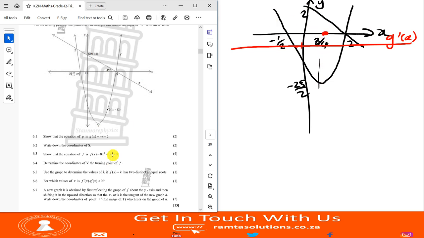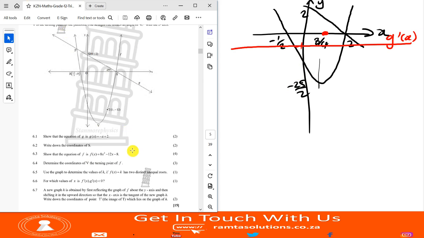And what I saw is that this will be negative 12. I don't know where it is, but I could see that this is negative 8. So it'll be negative 12, somewhere here. Because according to this equation, this point here is negative 8.